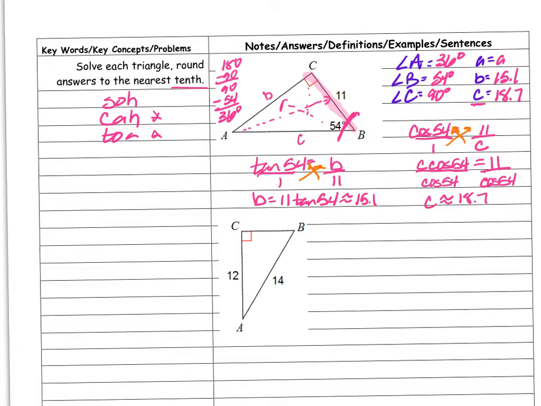So let me fix that here. There we go. I think that should have been 11 and 15.1. So if I would have got a number that's less than 11 or 15.1, then I would have known C was wrong. So my hypotenuse has got to be longer than the other sides.